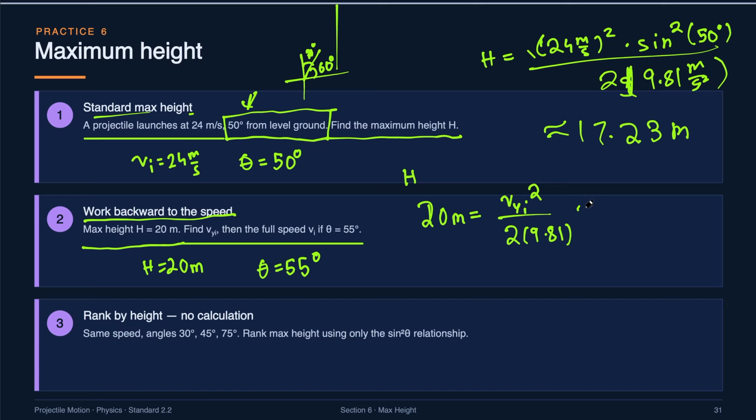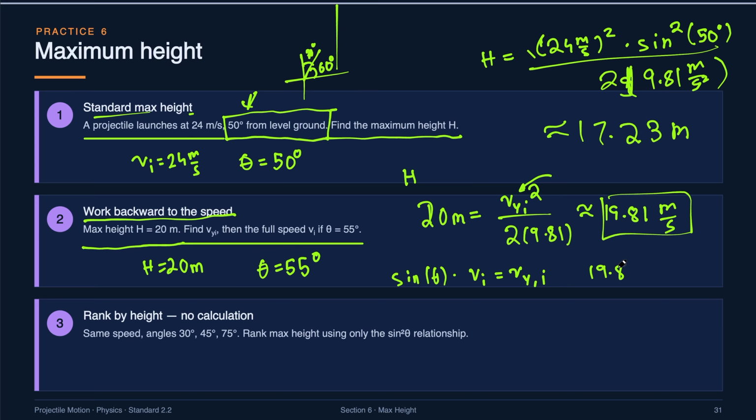Approximately 19.81 meters per second is the magnitude of velocity y initial. Now we know that this is velocity y initial, right? So sine theta times velocity initial is equal to velocity y initial. So 19.81 meters per second is equal to sine of 55 times velocity initial.